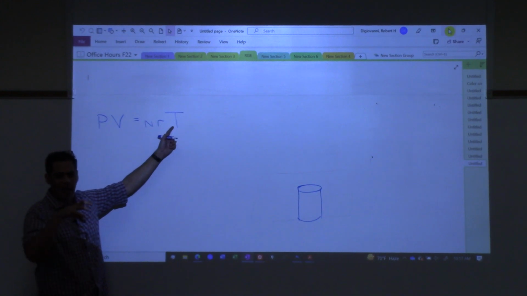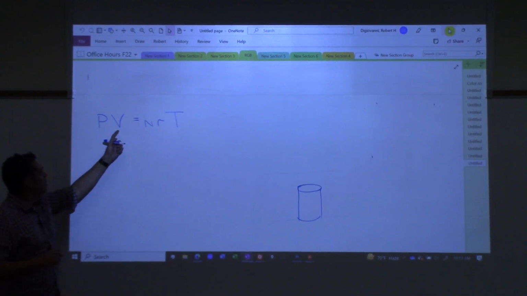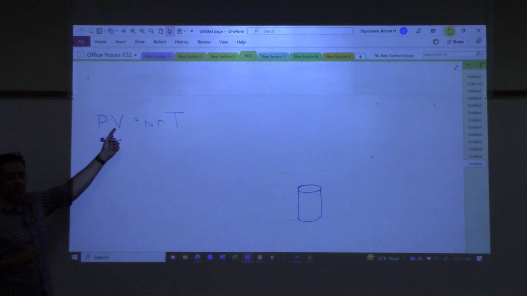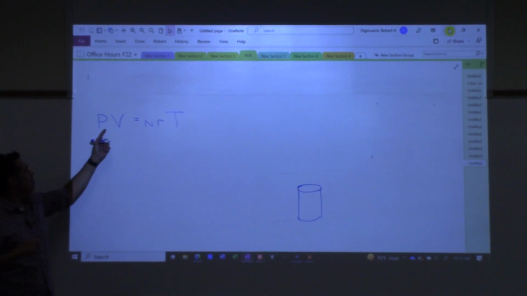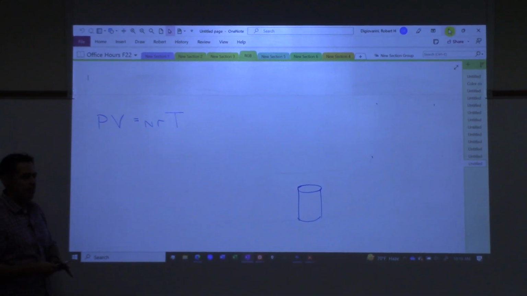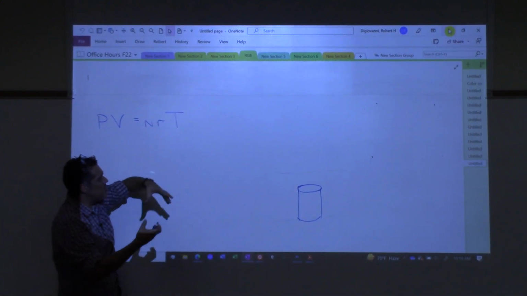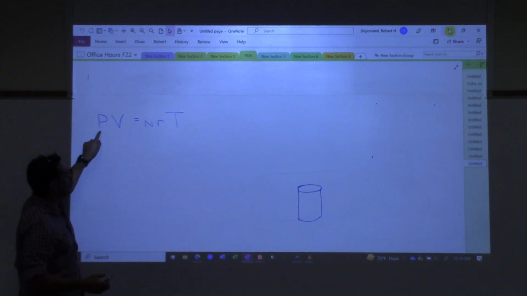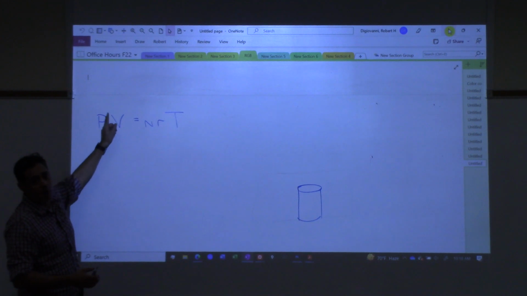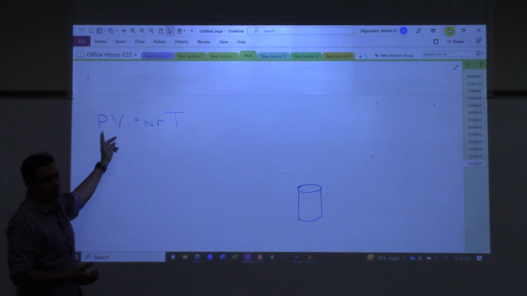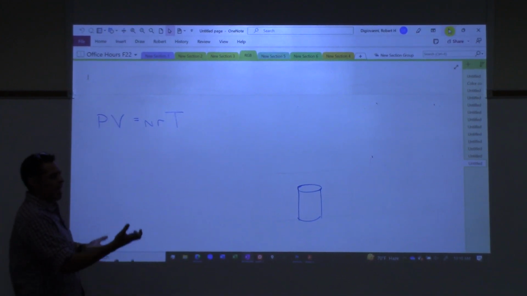You have the volume of the gas, or the volume of the container, and then you have the pressure. And they're all connected to one another. If the temperature goes up, if this side of the equation gets bigger, then what must happen over here? Either the pressure has to go up or the volume has to go up, right? One of the two. So there's this back and forth.